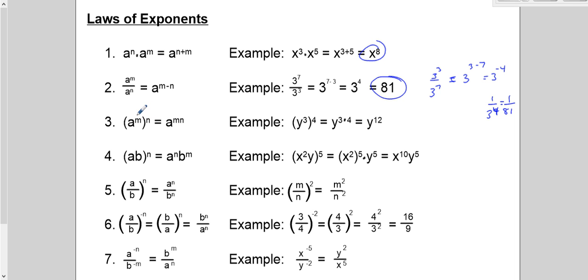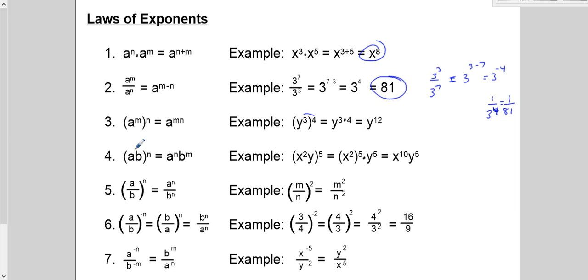So when I have to distribute that exponent from the outside to the inside, I am going to multiply those, and I have m times n. So an example would be y to the 3rd to the 4th power. I am taking that 4 and I'm going to distribute and multiply by all exponents that might be on the inside, and I would get 3 times 4, which is 12, so y to the 12th.